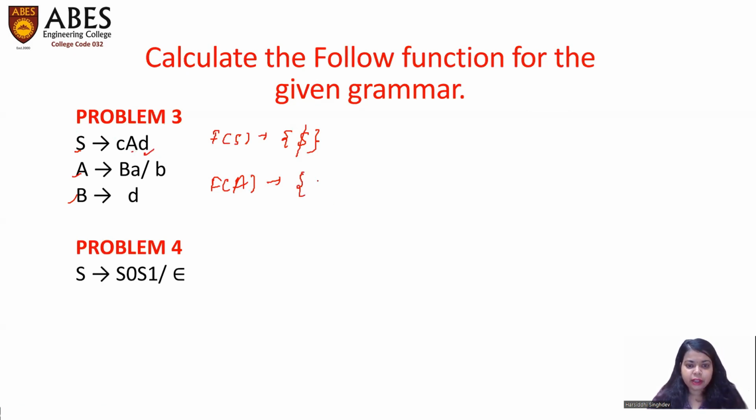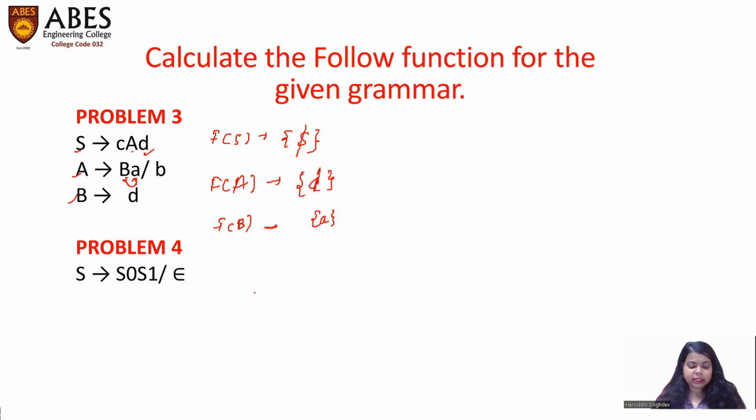So follow of A contains small d. Now follow of B. After B, just see the right hand side. What are we getting? Small a. So in this set, we contain small a.